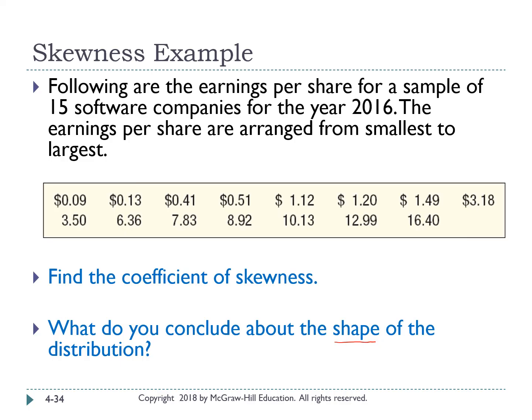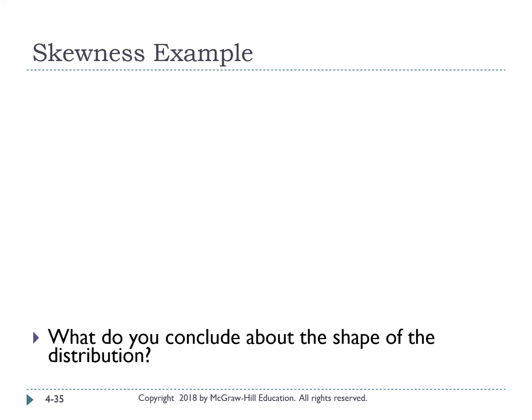Okay. If you want to compute the skewness, what is the formula? Sk equals 3 multiplied by x bar, your sample mean, minus median, over the standard deviation of your sample.